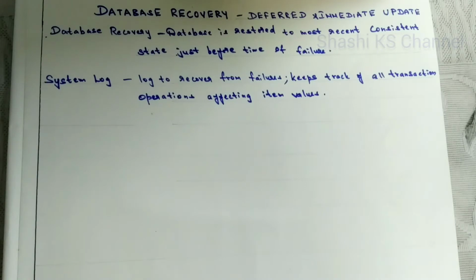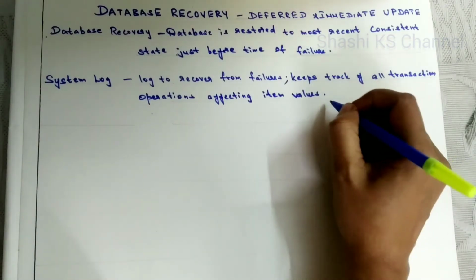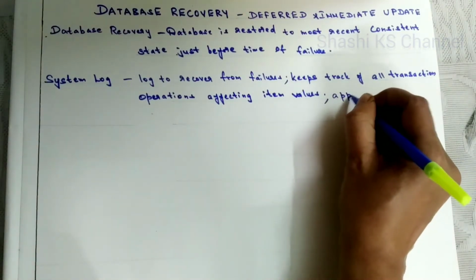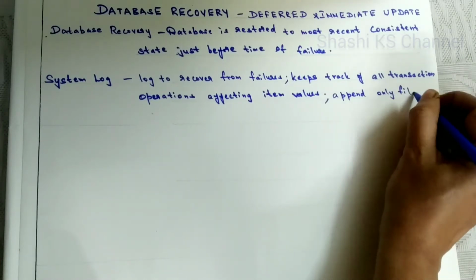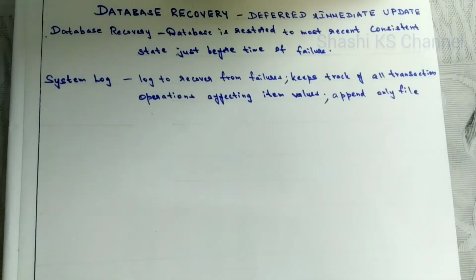Now this system log is a sequential append-only file, which is usually kept on the disk. That means it will not be affected by any type of failure other than disk failure or catastrophic failure. Okay, so that is about the system log.